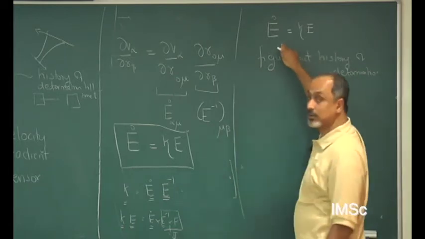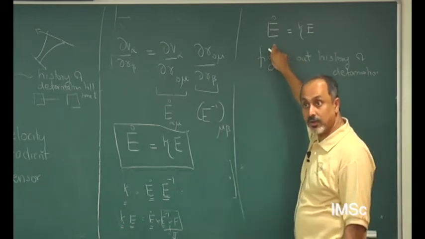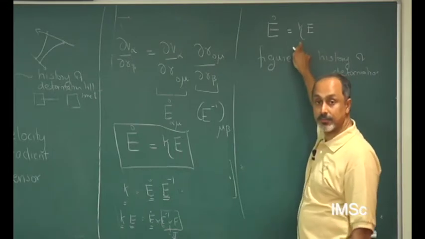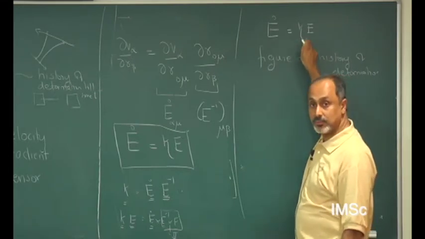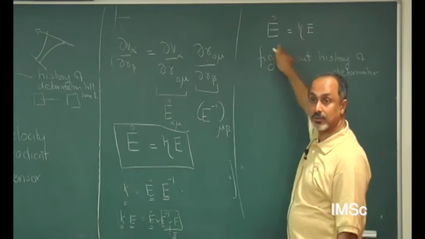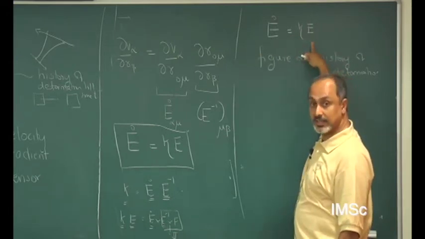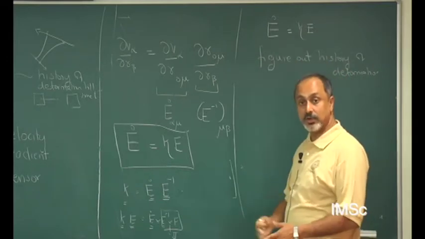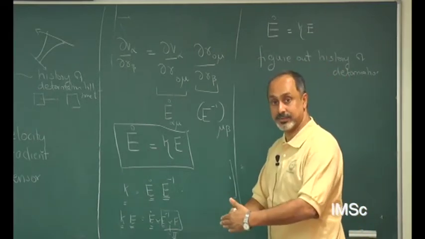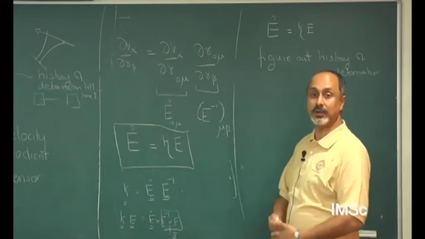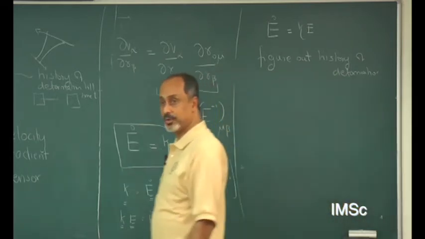If I give you E at all times, you can calculate from that E dot, divide by E to find out what is kappa. Okay? If I give you kappa and E, I can figure out what is E at any later time. I give you kappa at one time and E at that time. I know how to make E dot. E dot tells me what is E at the next step. And then I can calculate from there, go back to kappa, and just keep going on from there.